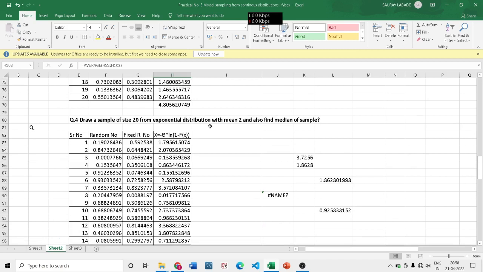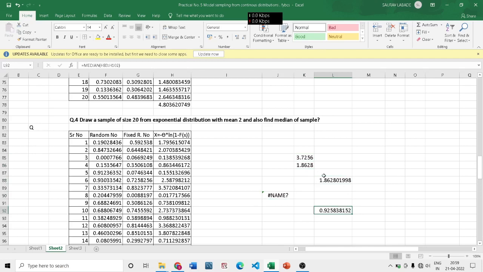Now here we also have to find the median of the sample. Okay, now how to find the median? Simply we will use one formula. I think I have already defined it, that median, yes, I have found that median, K85 divided by 2. Perfect. Now understand this.